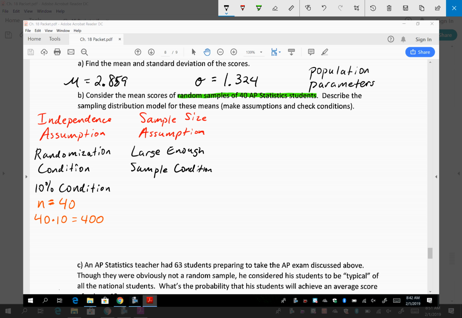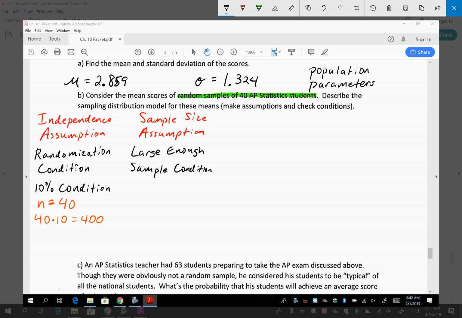Okay, now here's where it gets a little tricky. Did it mention anything in the problem yet about what the population distribution looks like? It didn't. So if the population distribution looks unimodal and symmetric, then I don't really care what my sample size is. But if my population distribution showed any skewness or possible outliers or gaps or bimodal, then I would need to think, is 40 large enough to get past that?